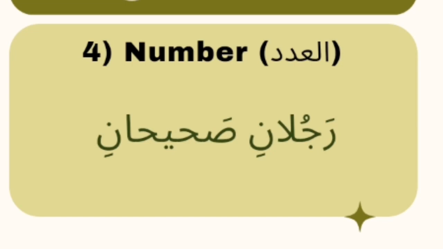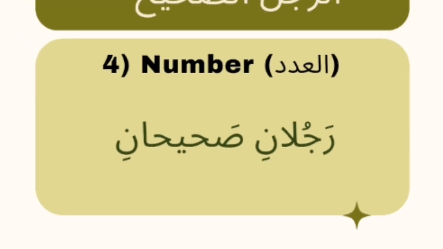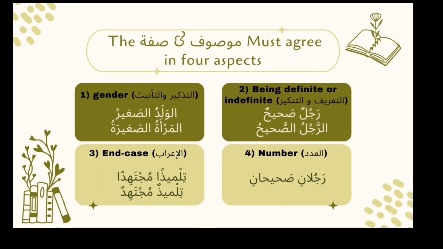Rajulun sahihun comes in the meaning of a pious man. Rajulani sahihani means 2 pious men. When the first word is in the dual meaning, the second word should also have a dual meaning. Example, Rajulani sahihani. So we have successfully covered what 4 aspects the sifa and the mawsuf should agree on.